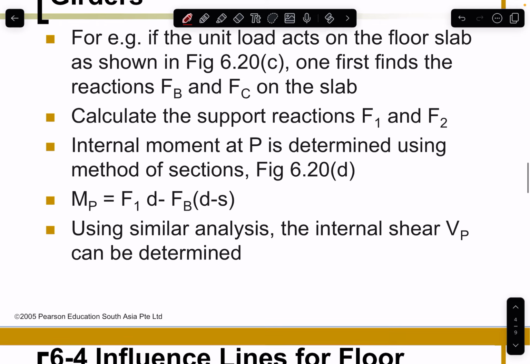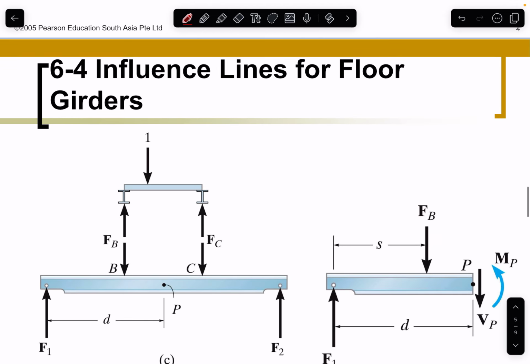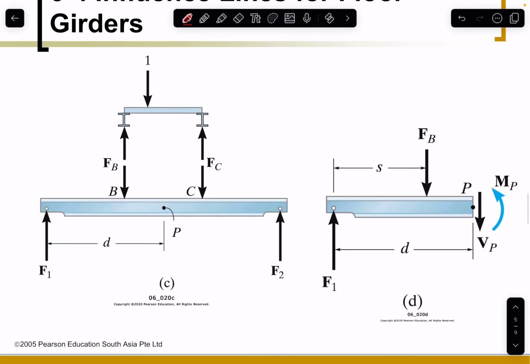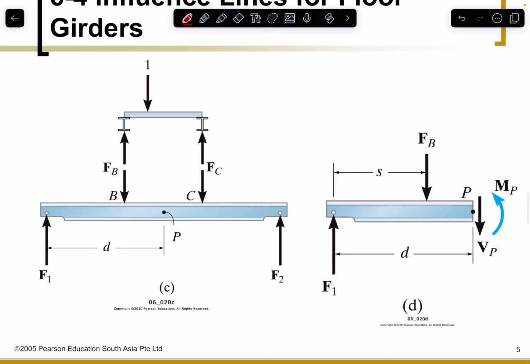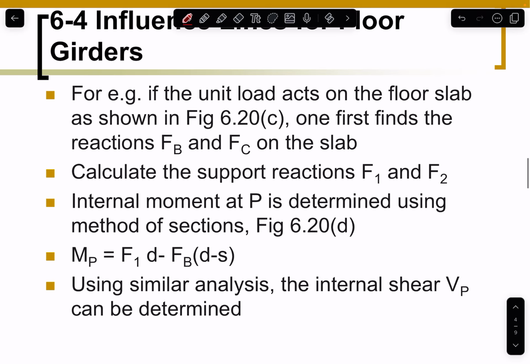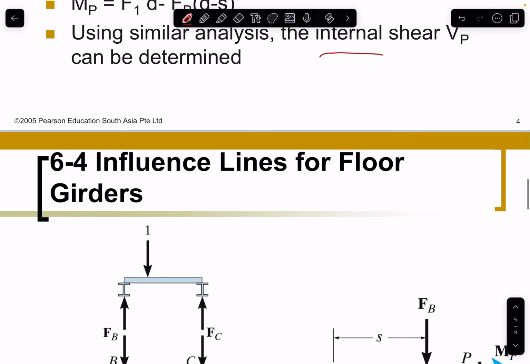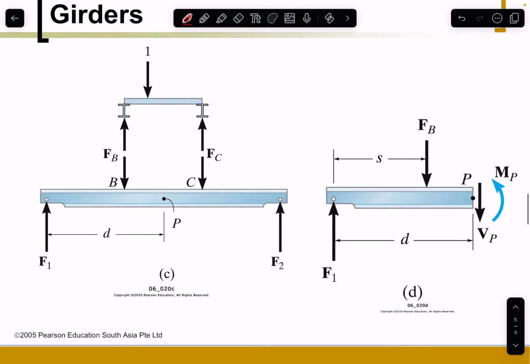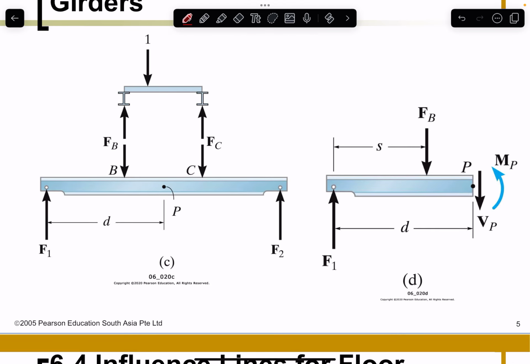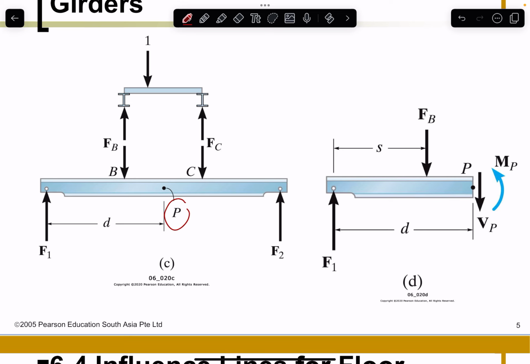If we refer to figure 6.20c, for example, a unit load acts on the floor slab like this, and you want to see the internal shear VP at P. That means you need to place a unit load on the floor girder first.